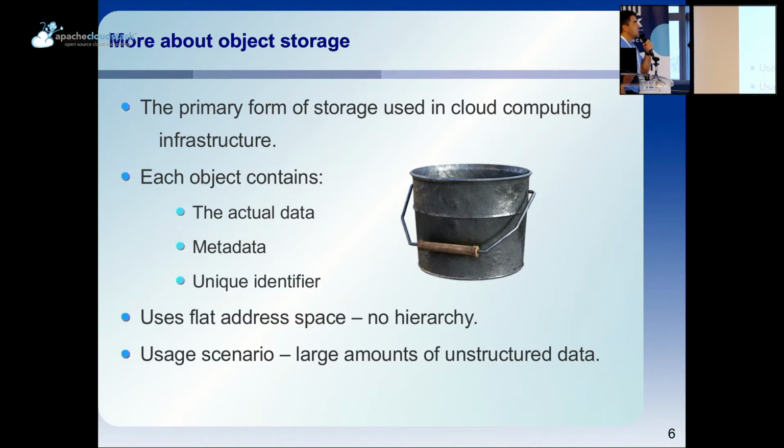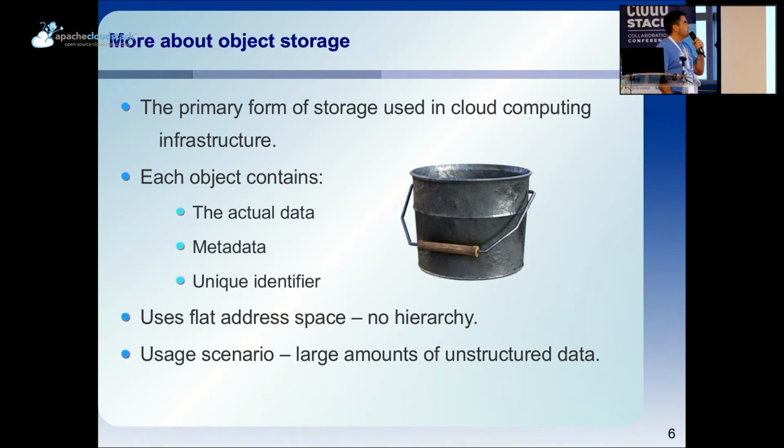More about object storage. This is the primary storage used in cloud computing nowadays, and every object contains the actual data. It also contains metadata. That is the big difference compared to the other types.